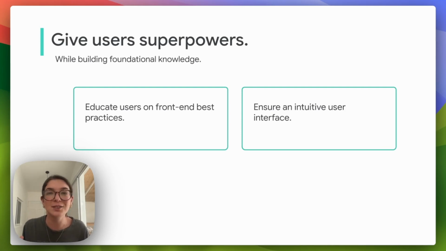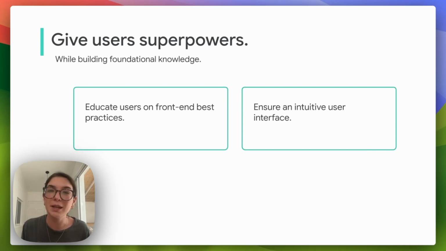On the not so technical user side, we of course want to give these users superpowers, like I mentioned earlier. But we want to make sure that we're building their foundational knowledge. We think we're still at the point in app development where we need these folks to make conscious decisions about how their app is architected so that it's performant and doesn't have any issues when it comes to the app consumers.